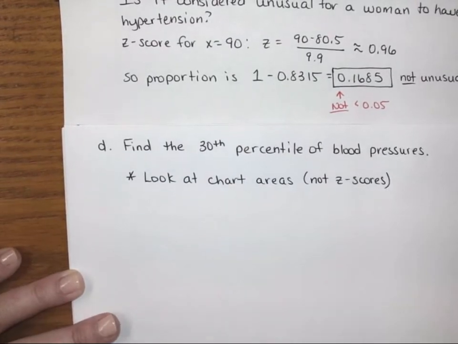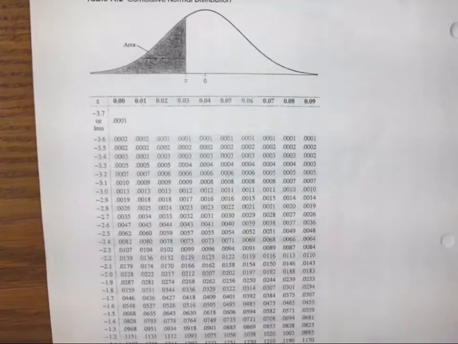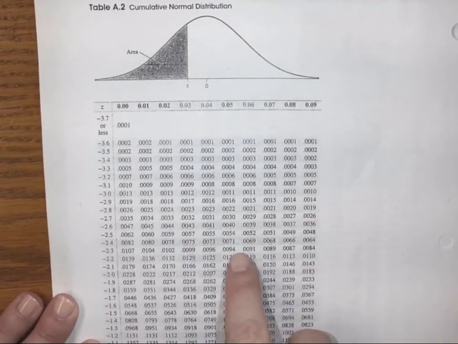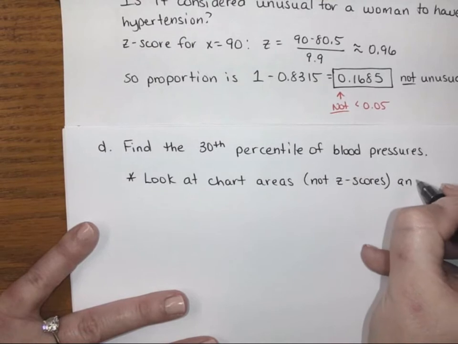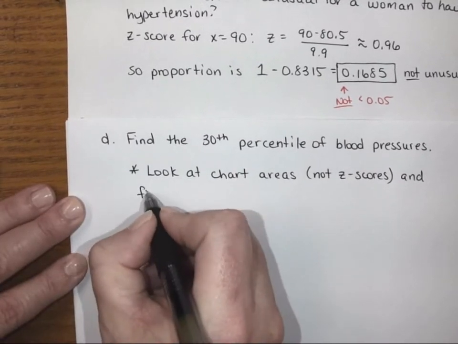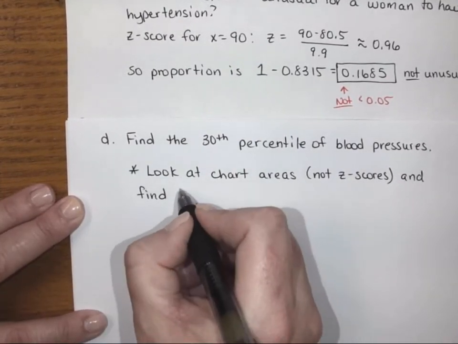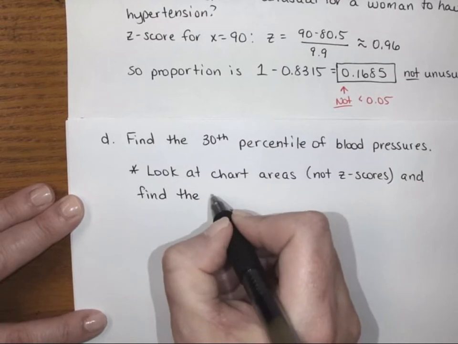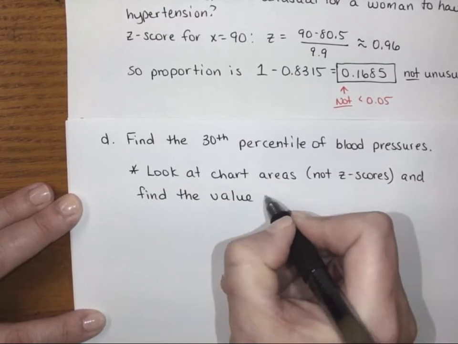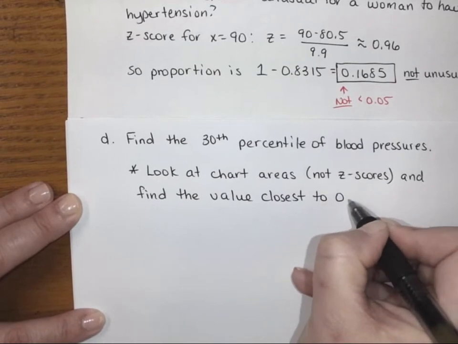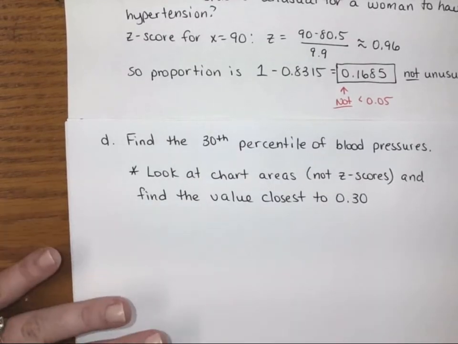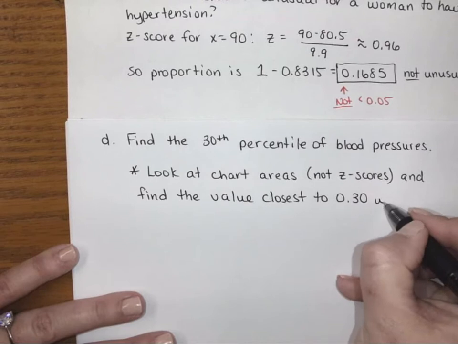Okay, so you're going to look at the values in the middle of the chart, the ones that are right here, and you're going to try to find the one closest to 0.30.